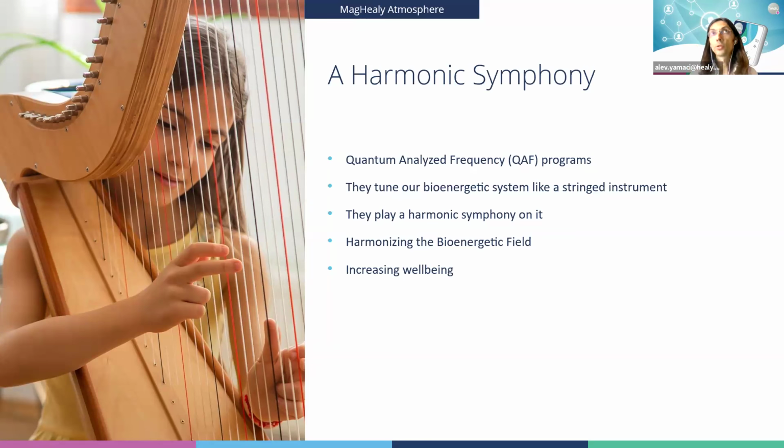That's also true for our emotions, for our psychological health, and for our body health: all those very complex elements that make up our body and especially our bioenergetic field need to be in harmony. Sometimes you have a little too much here, sometimes a little too much there, and you need the right frequency to rebalance those things.